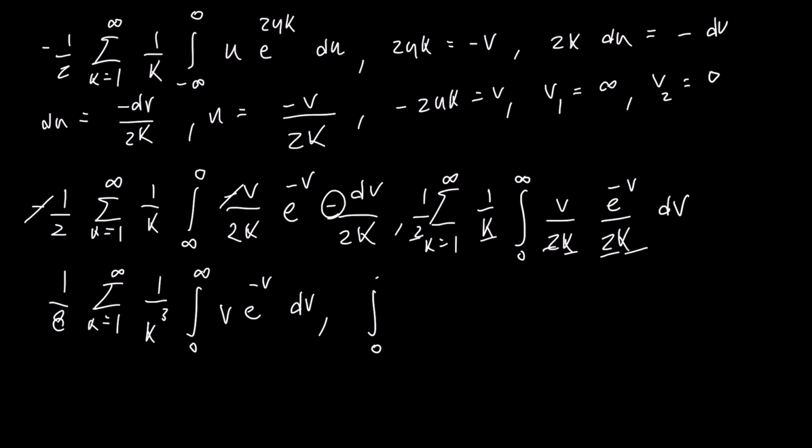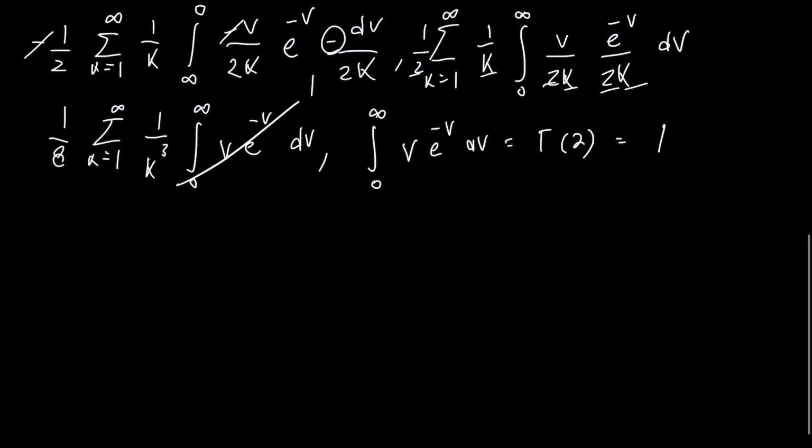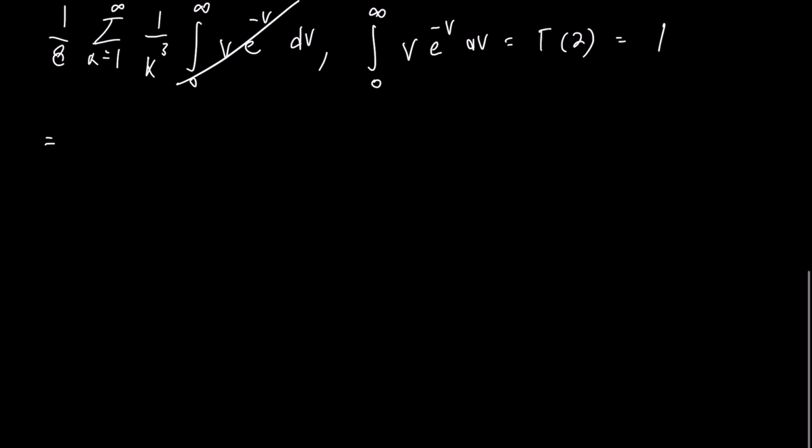But the integral from 0 to infinity of v e to the negative v dv is just the gamma function at 2, which is 2 minus 1 factorial, which is 1. So this entire thing is equal to 1. So we're left over with 1/8, the sum from 1 to infinity, 1 over k cubed.